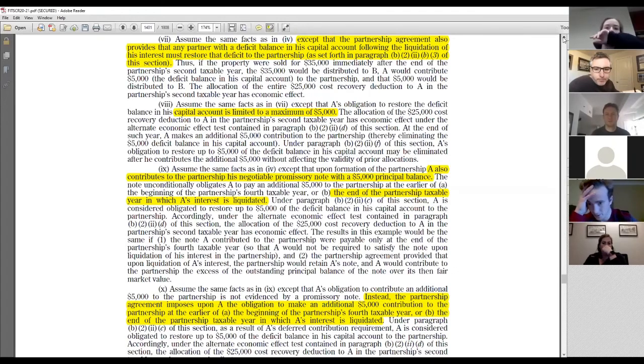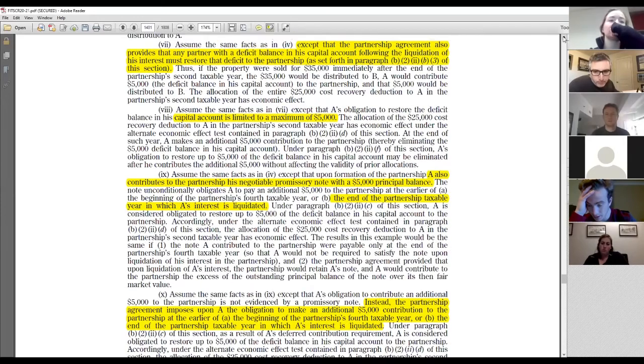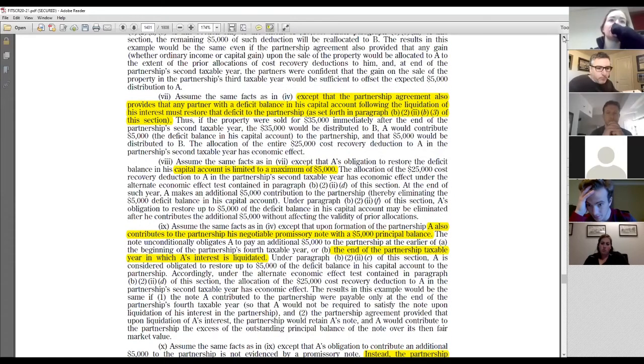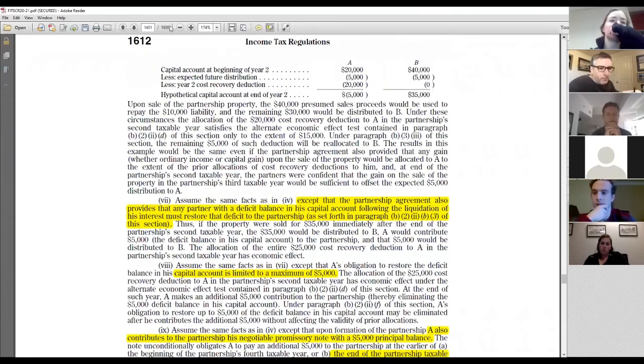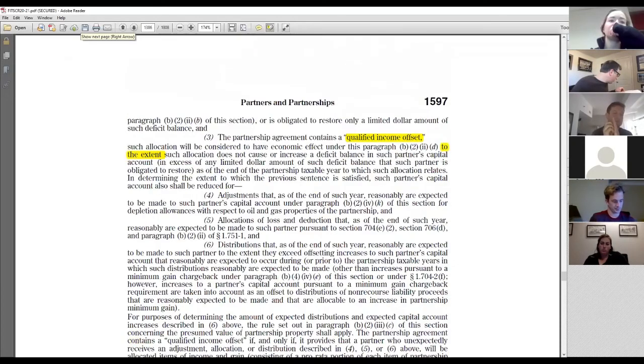But what I'm going to talk about now is the hardest part of this, and it's not really all that important, so let's not get lost in the weeds. Let's go back to the alternate test, 1.704-1(b)(2)(ii)(d). We stopped here.